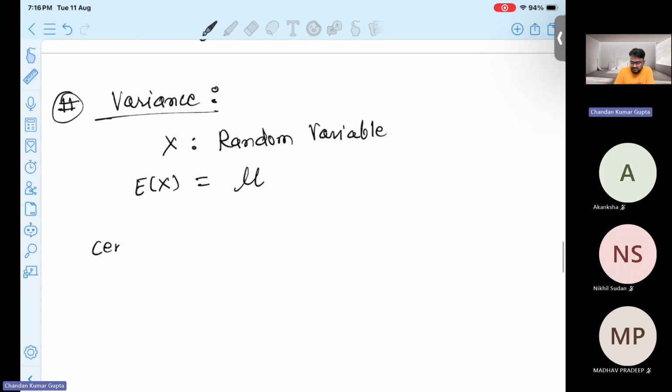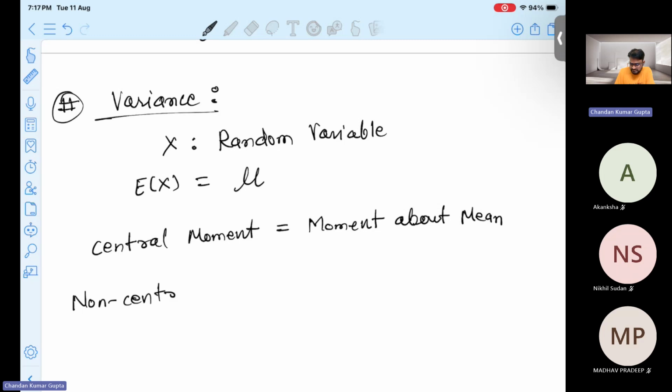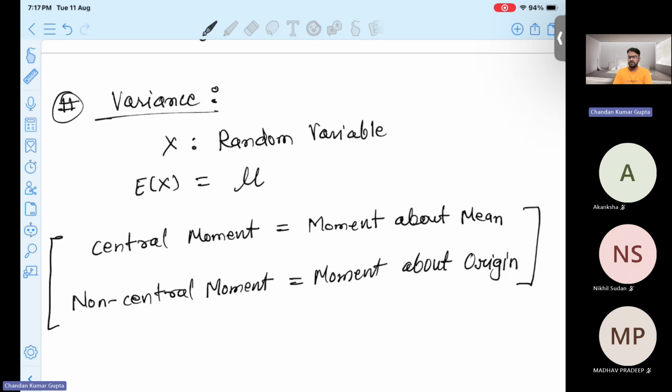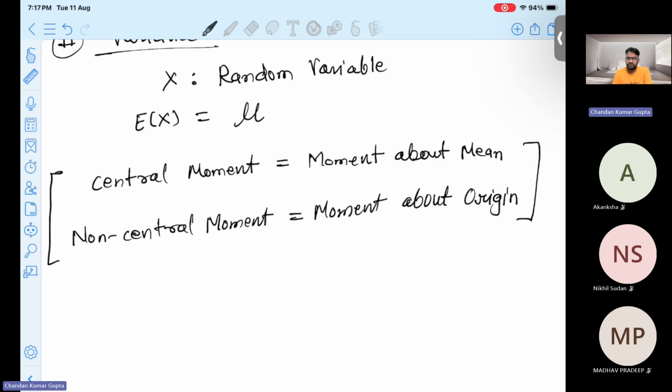The central moment is the moment about the mean, whereas for the non-central moment we usually take the origin. In variance, it is the second order central moment, that is, the moment about the mean.